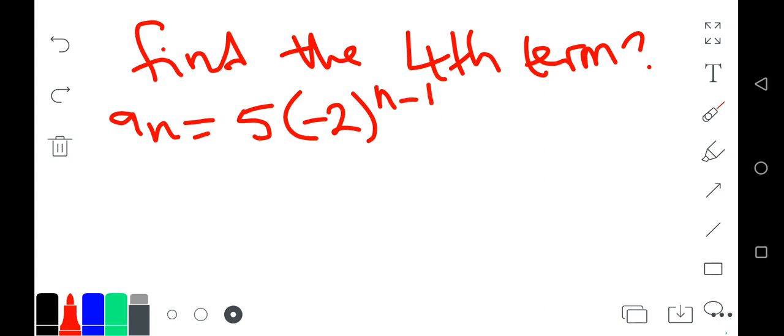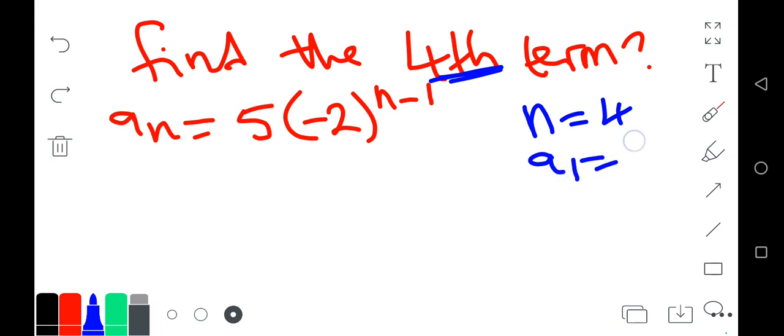We are looking for the term on the fourth position. In this case, your n is just going to be 4, your a_1 is 5, and your r is equal to negative 2.